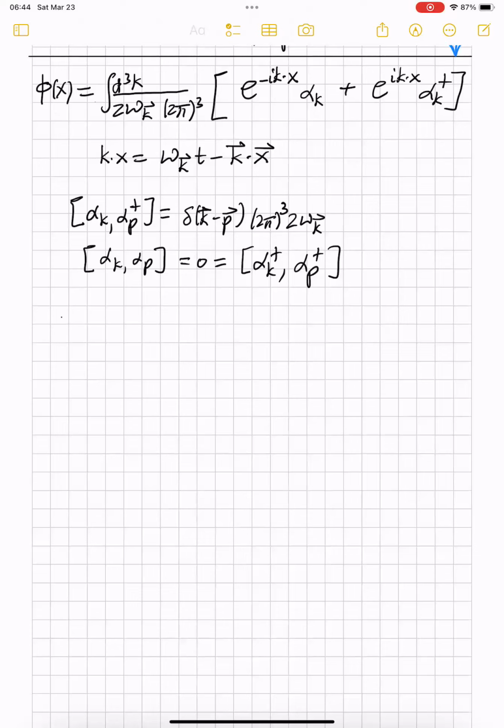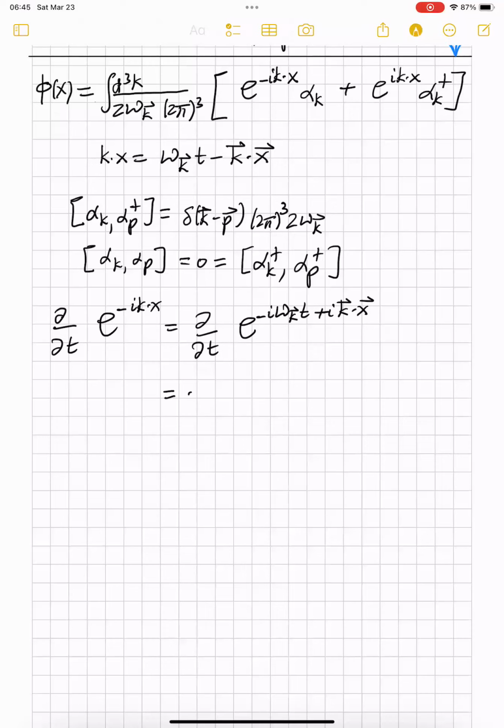So to start, let's evaluate what is d/dt acting on e to the minus i k dot x. Well, this will be d/dt acting on e to the minus i ω_k t plus i k dot x. And I have just used the expression for k dot x that I've got written just under the field. So if I take a derivative with respect to t, well, I'm differentiating an exponential.